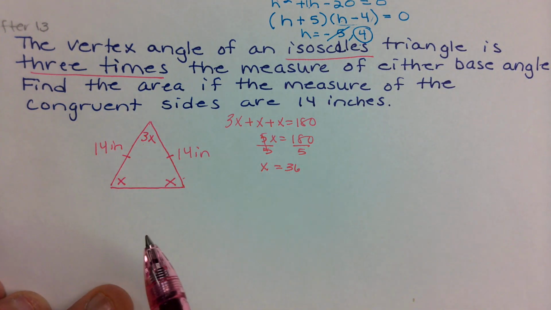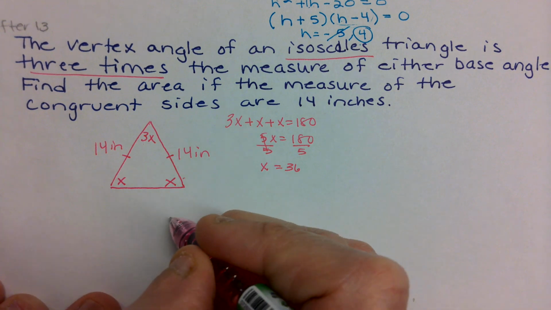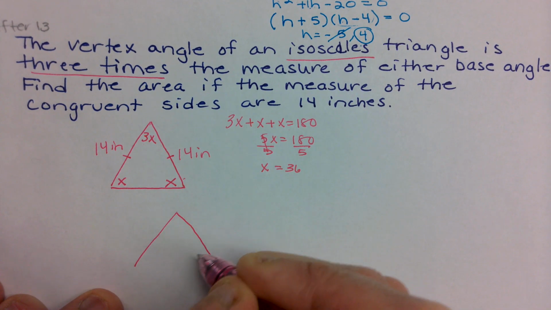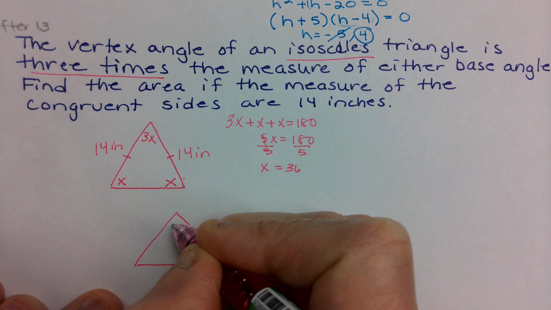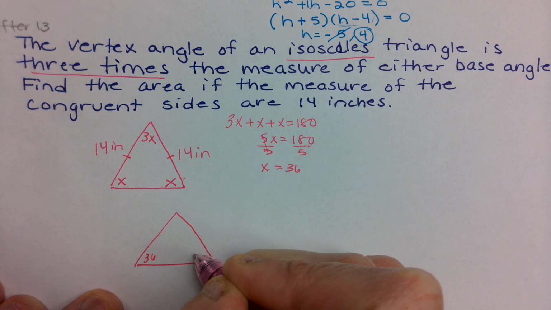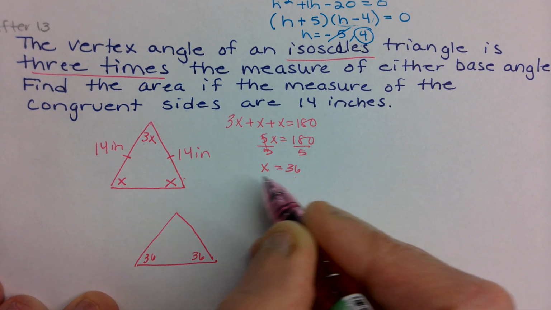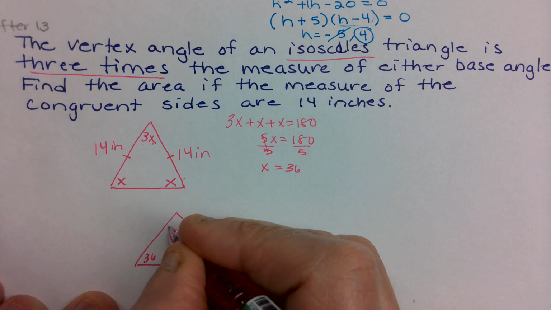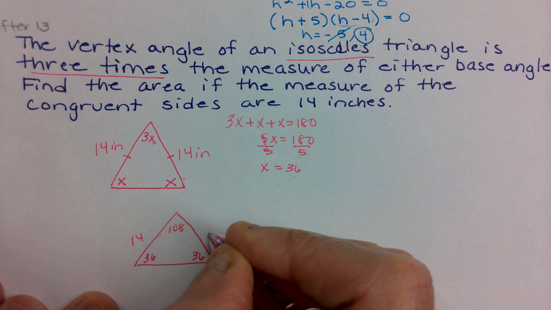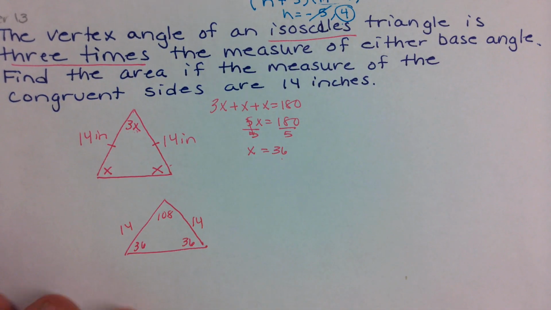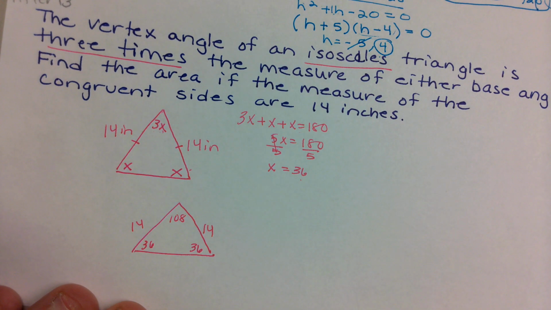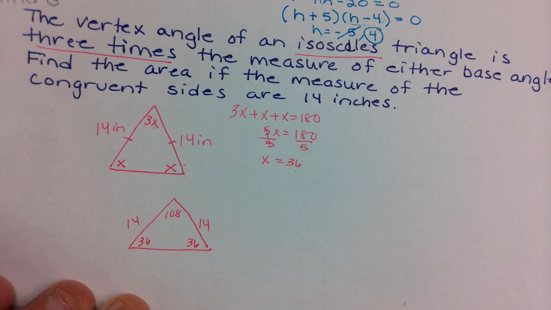So now I have my degrees. Let me rewrite this. I have 36, and 36 times 3 is 108. This is 14, this is 14. Okay, we're getting somewhere now because we can probably figure out the base and the height of this.